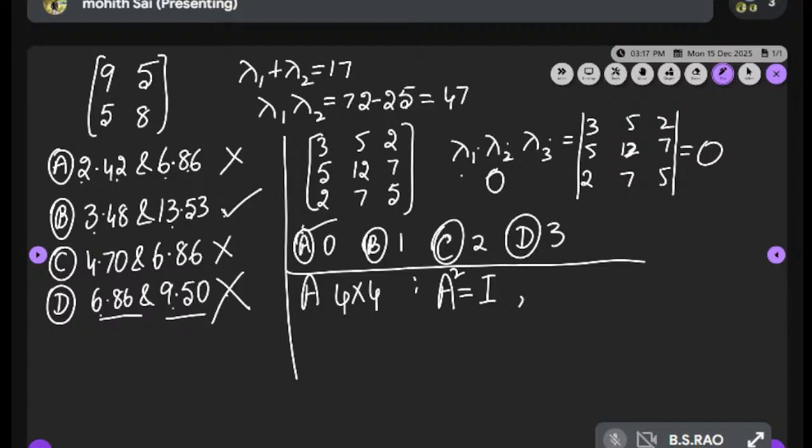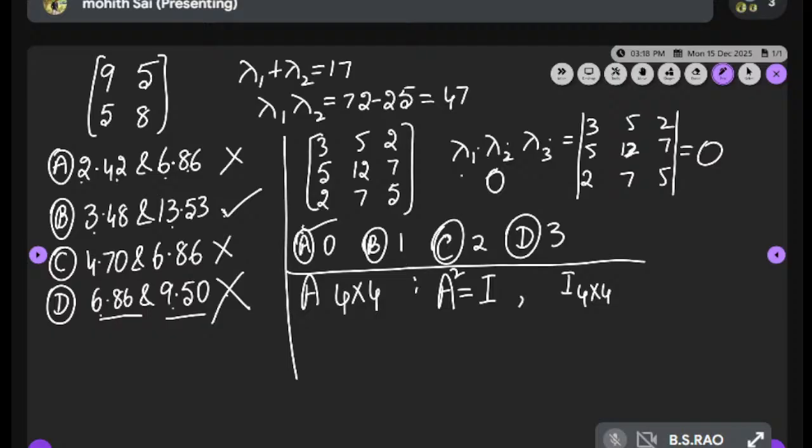Here I is the identity matrix of order 4 by 4. Please note that also. I is the identity matrix of order 4 by 4.